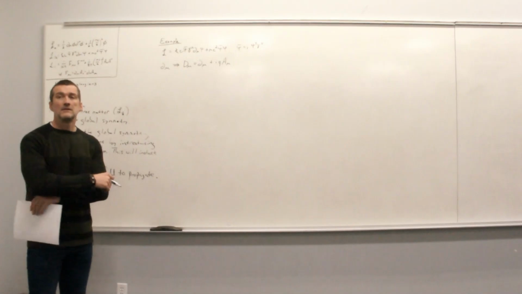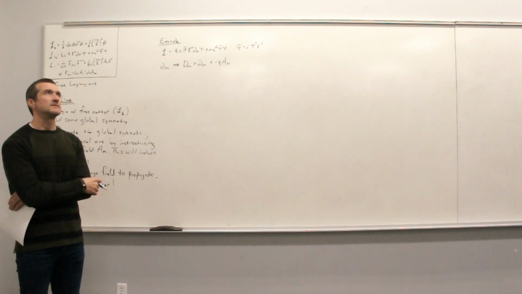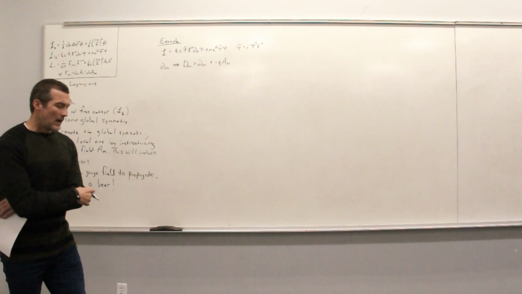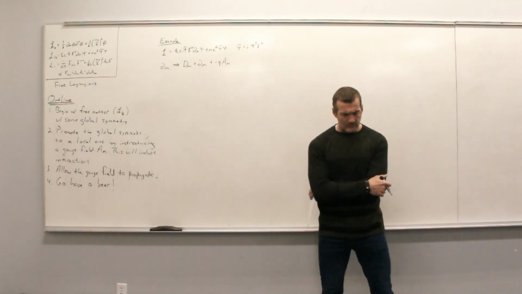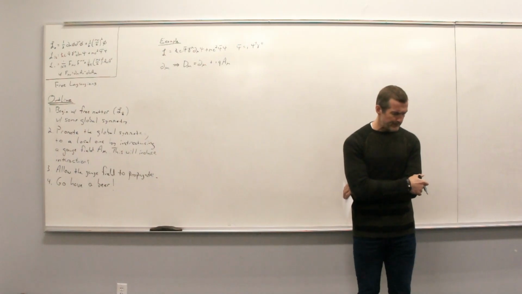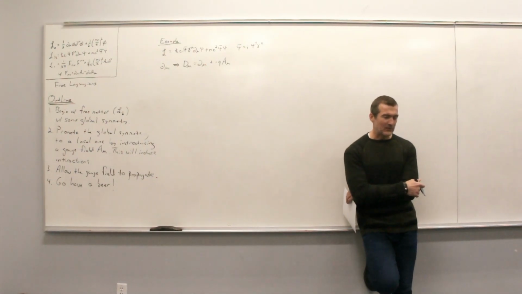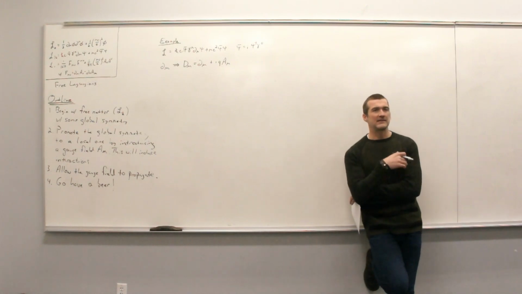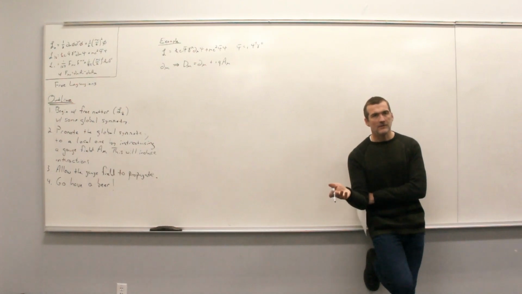What motivates this choice? When you ask me that, it's kind of interesting, because the word motivation could mean what was the historical founding of how you make a global symmetry local.